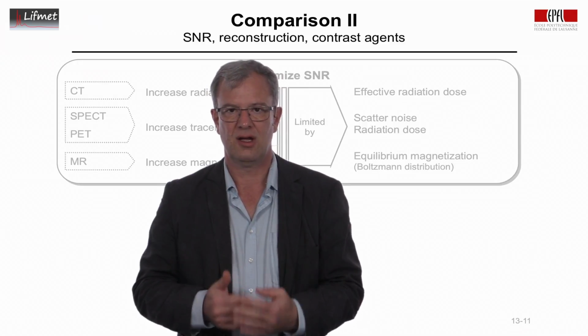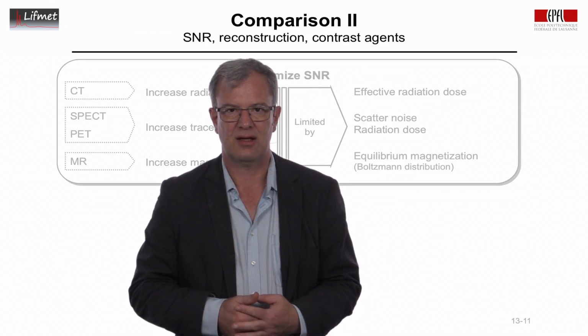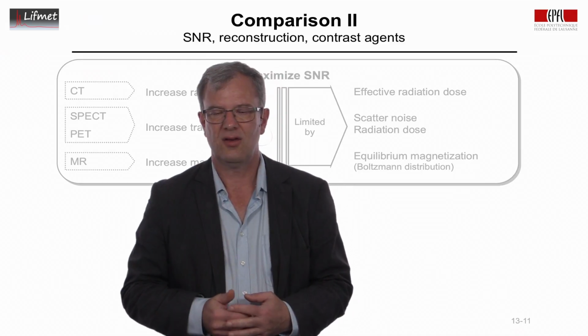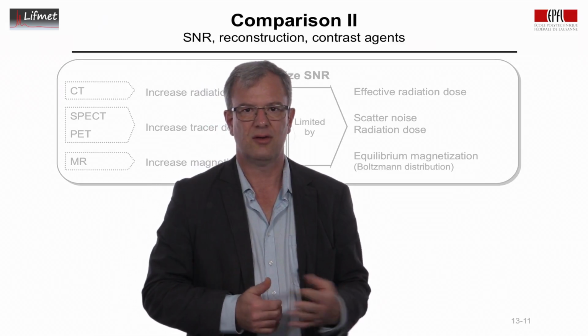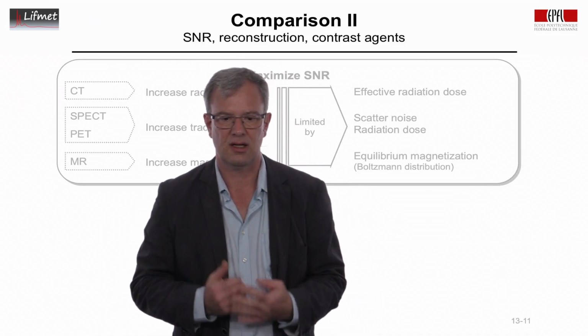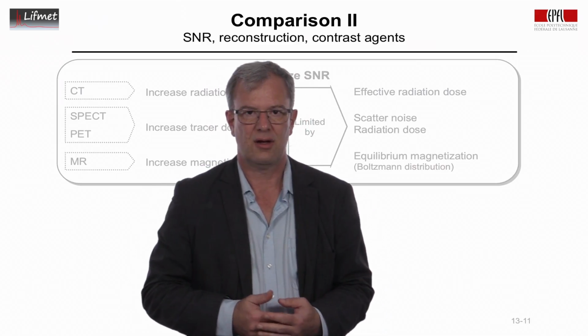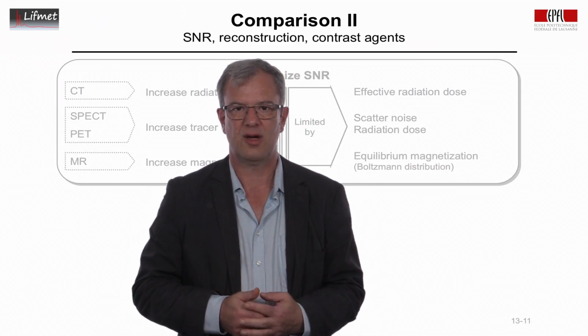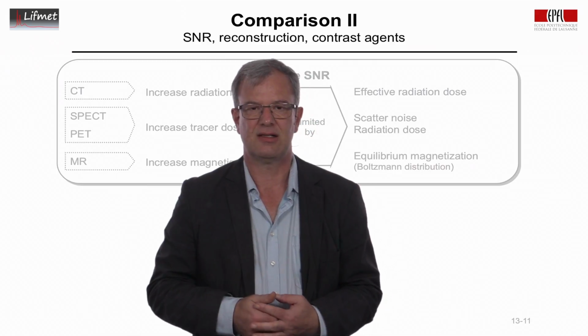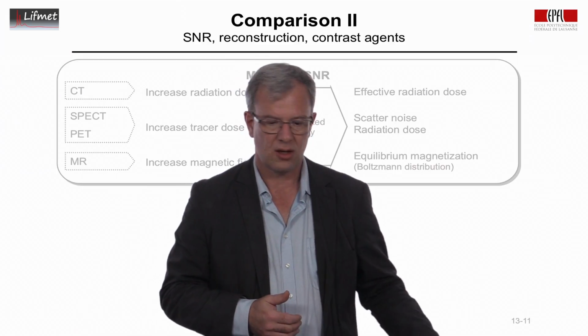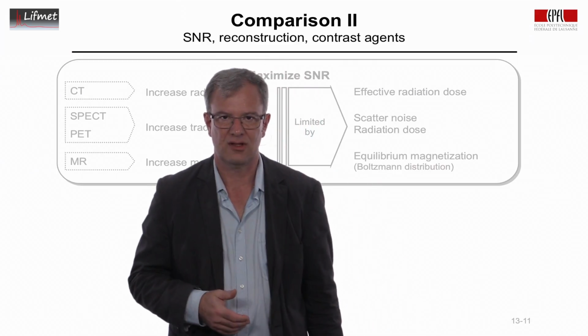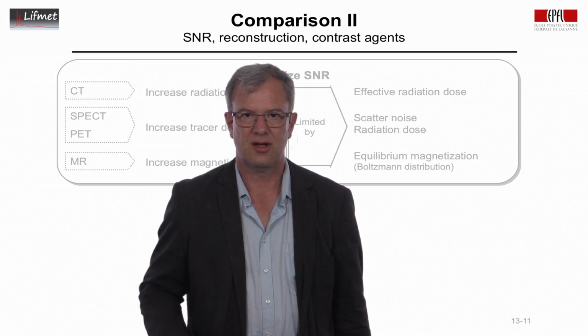There the price increases with magnetic field. We have high-end academic MRIs or clinical MRIs at 3 Tesla, and some scanners now available for human experimentation at 7 Tesla. So as we have introduced the techniques in the course, the cost has increased.